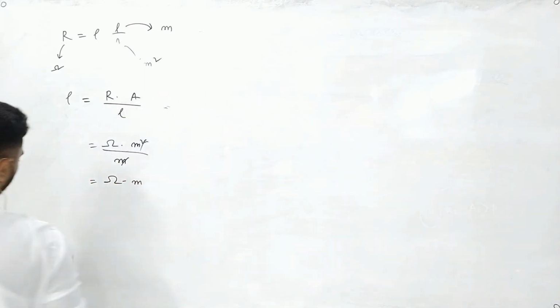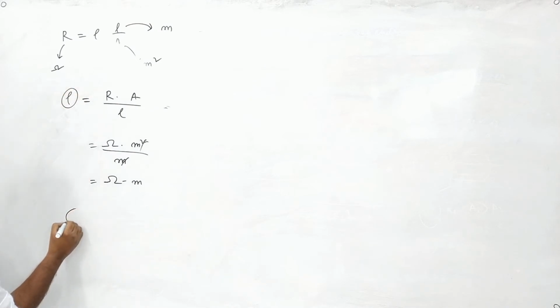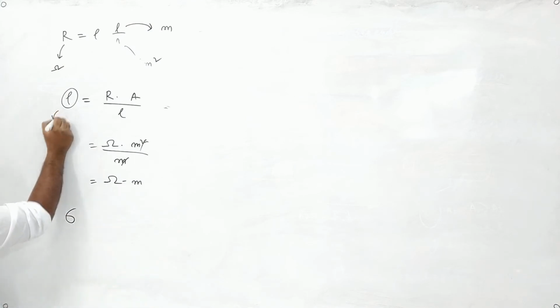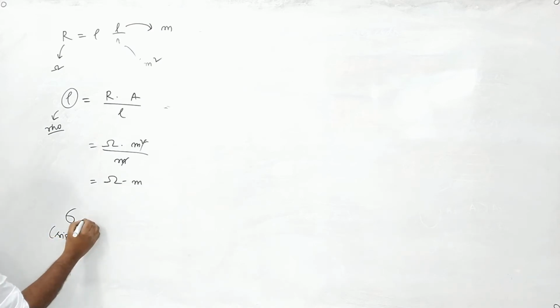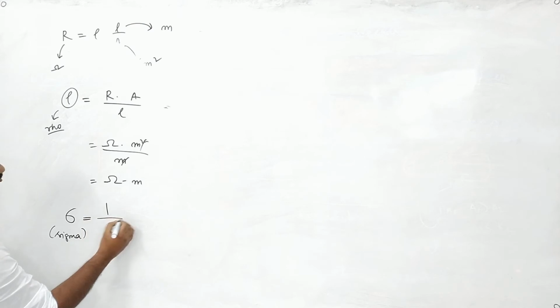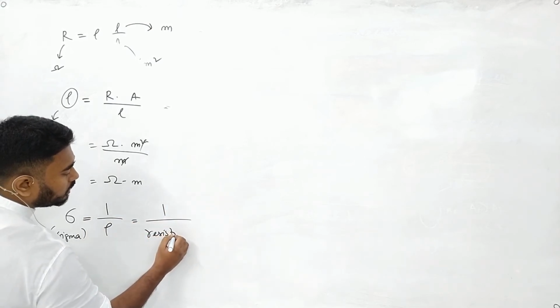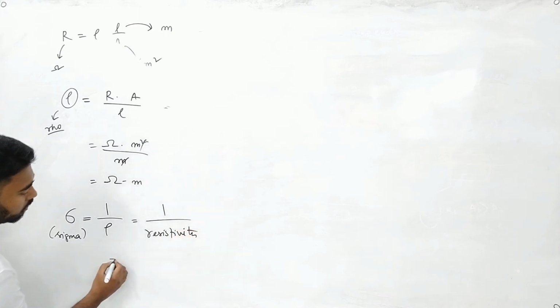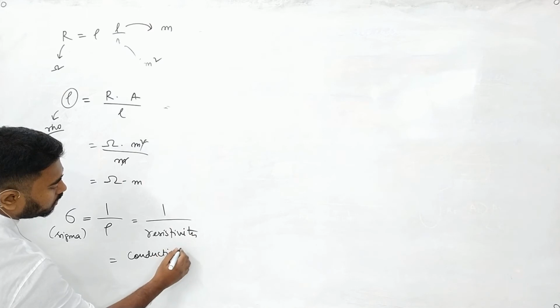Now there is another quantity, sigma. This is rho and this is sigma. Sigma equals 1 by rho, so we can write it as 1 by resistivity, which is also known as conductivity.